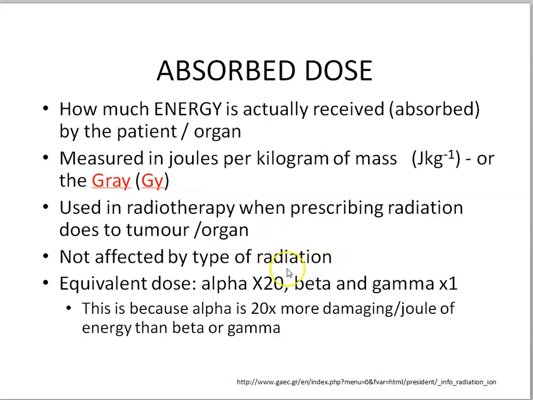When we are dealing with this, we have to remember that alphas are much more ionizing than betas or gammas, and the equivalent dose of alpha is 20 times higher than beta or gamma. And this is because alphas are 20 times more damaging per joule of energy than beta or gamma.